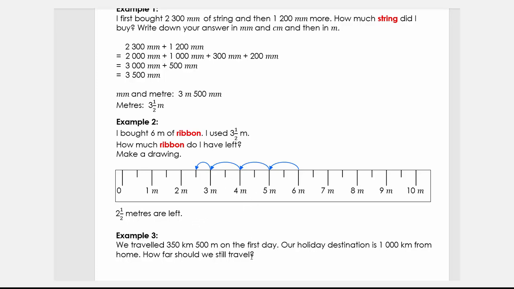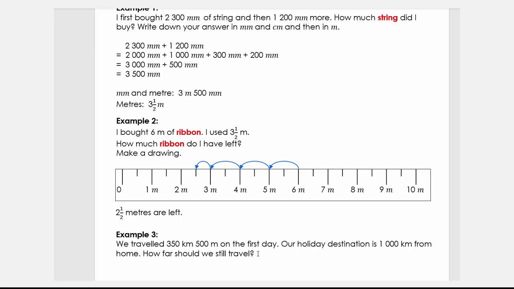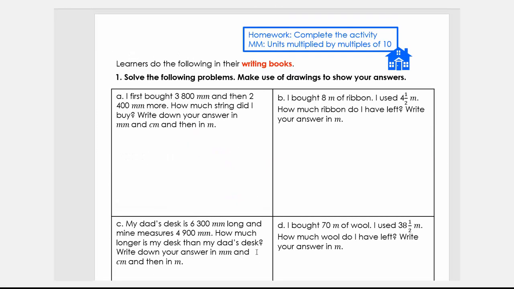I want the learners to investigate how we will plot this on a number line. They might draw the number line a few times, but the focus here is more to show it on a representative level. I want you to pause and do this activity.